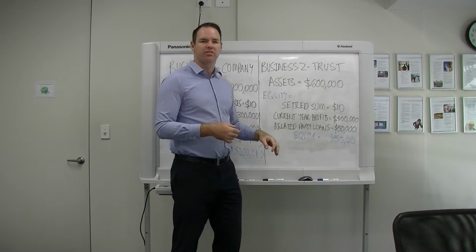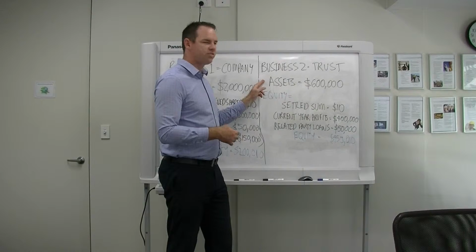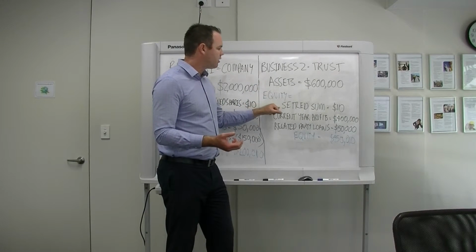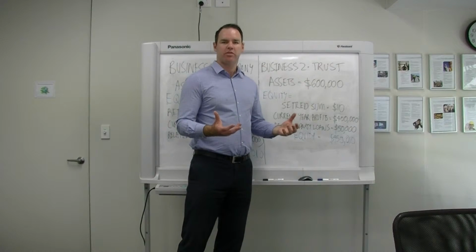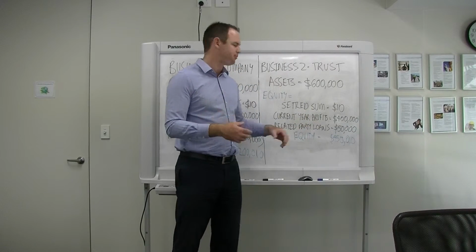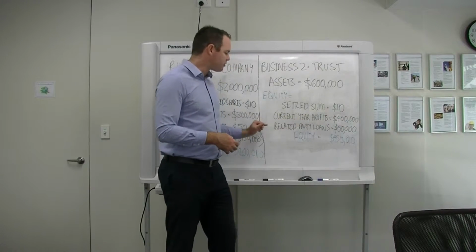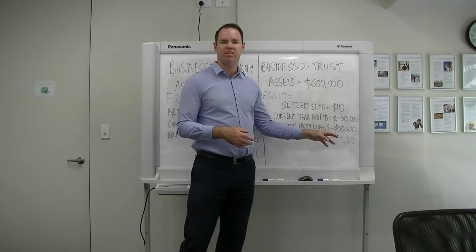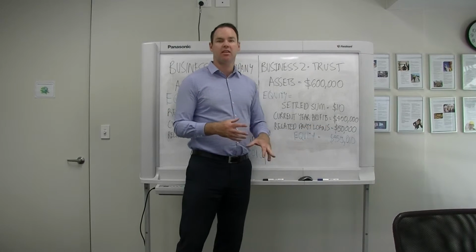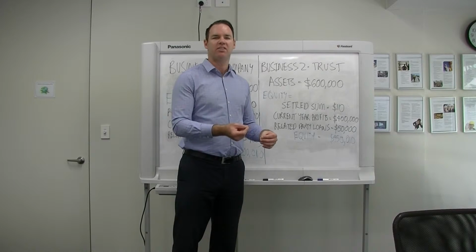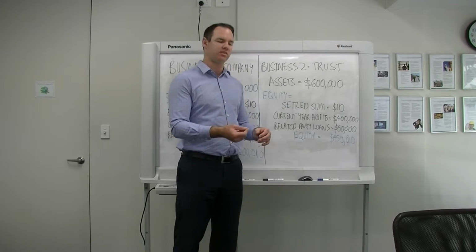The next one is a trust. We've got a trust with $600,000 worth of assets, and then its equity: $10 worth of settled sum, the formation; current year profits of $400,000; and related party loans of $50,000. So the beneficiaries of the trust are entitled to $50,000, but they've actually left that within the business.